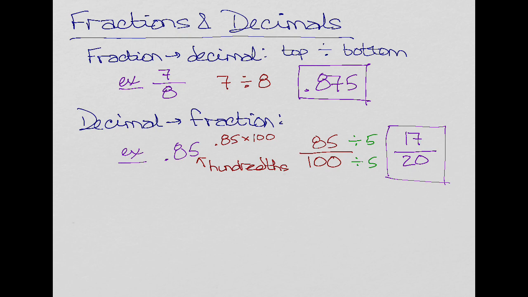It might be that instead of just a decimal that ends, you have a decimal that repeats. For example, my decimal maybe is 0.621, 621, 621, and so on forever.